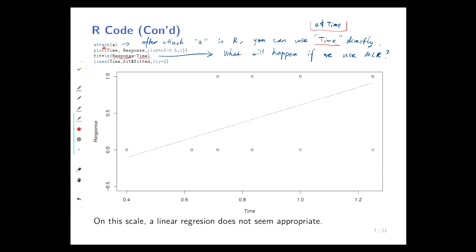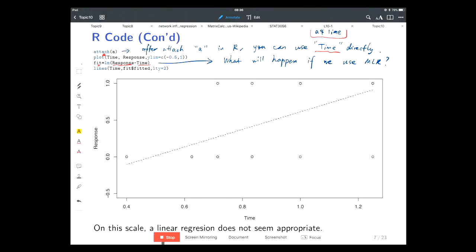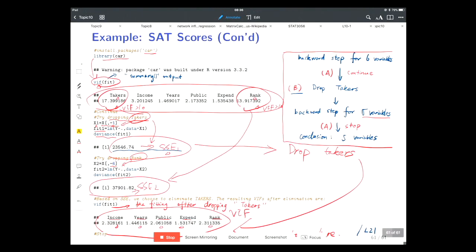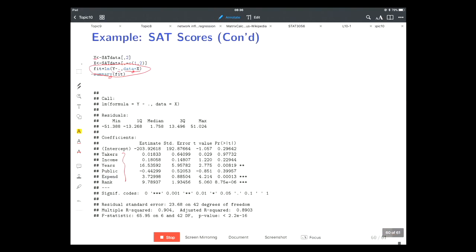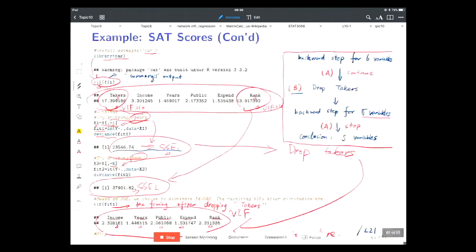So by using this fit, which is the LM function output, I think I mentioned something wrong in topic 9. This fit is actually not summary output. It's the LM output.